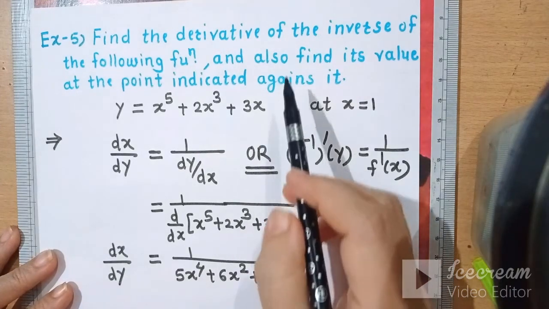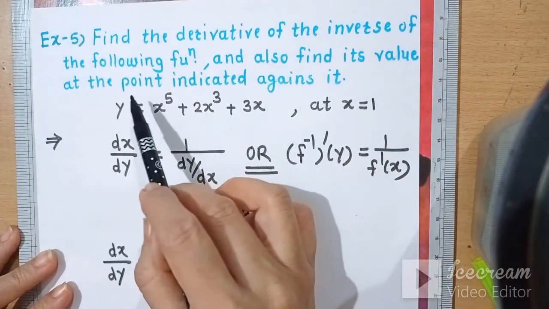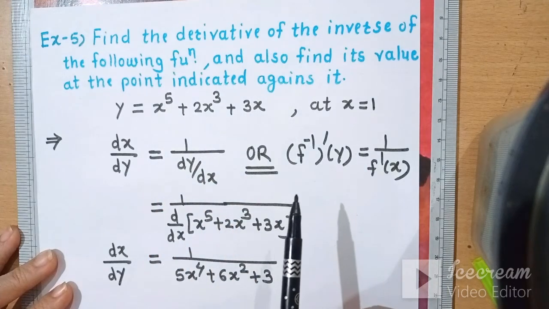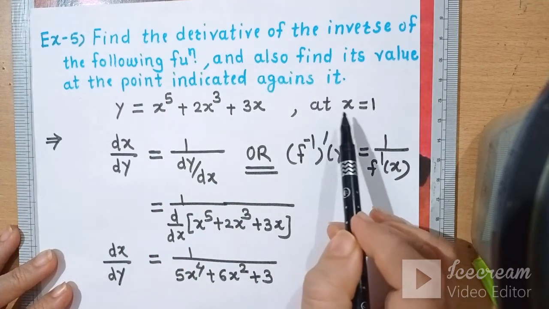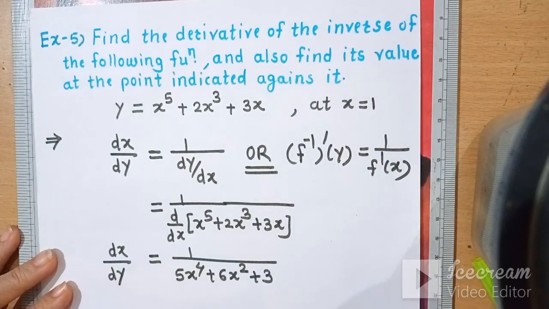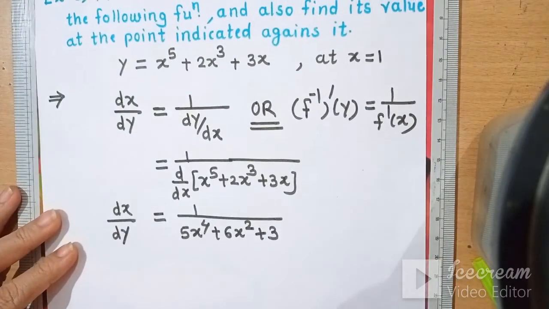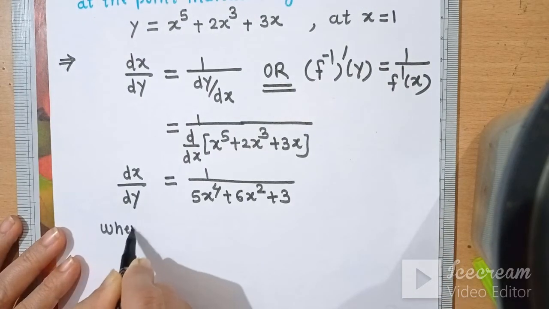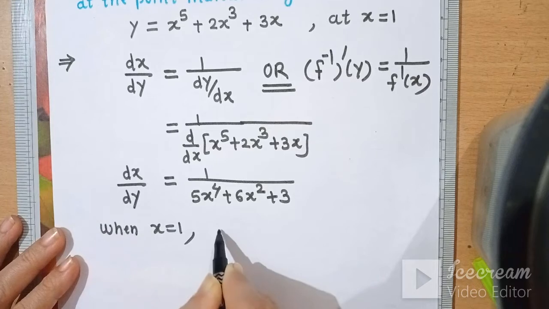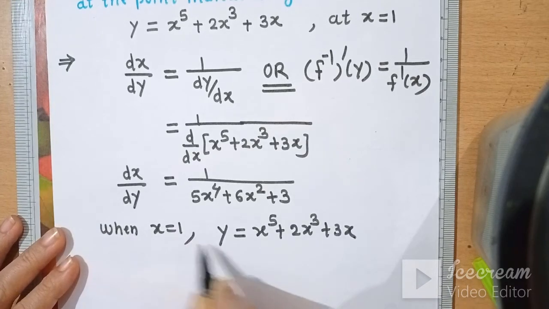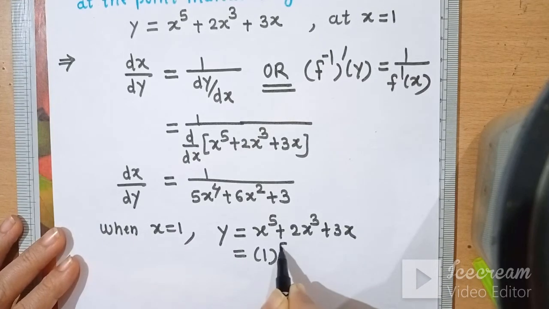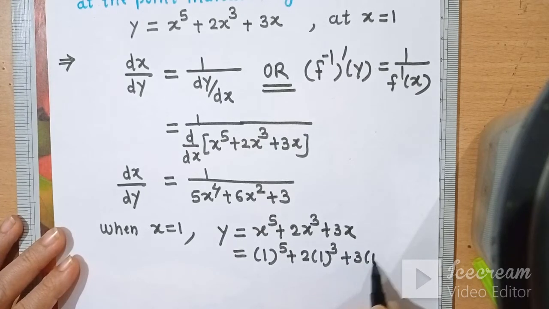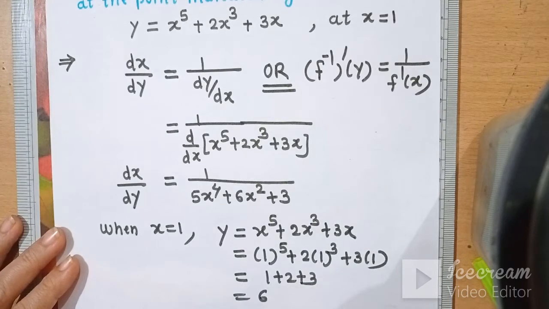This is dx by dy. Now again read the question. Also find its value at the point indicated against it. So here the point is given at x is equal to 1. So we will find the value of y also at this point. So here write down, when x is equal to 1, y is equal to the function. Now substitute this. So 1 raised to 5 plus 2 into 1 cube plus 3 into 1, and that is equal to 1 plus 2 plus 3, that is equal to 6.